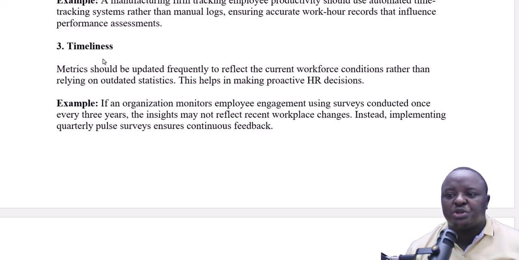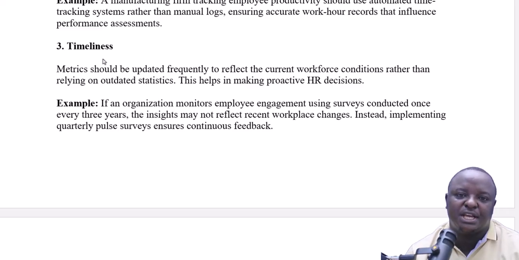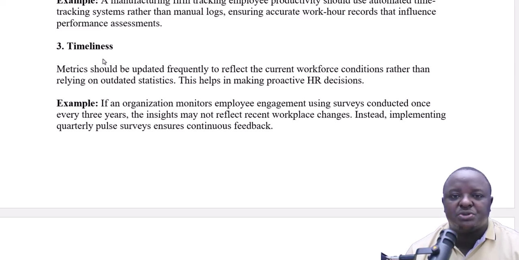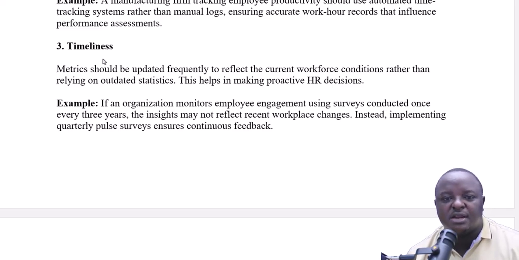In other words, when you're talking about timeliness, the question is, how long does it take for you to conduct an evaluation, or to monitor employee engagement? For example, how long does it take you to call a meeting? You'll find that in some organizations the whole year has passed and they have never had a staff meeting. Employees have issues, but they have no platform where they can communicate.